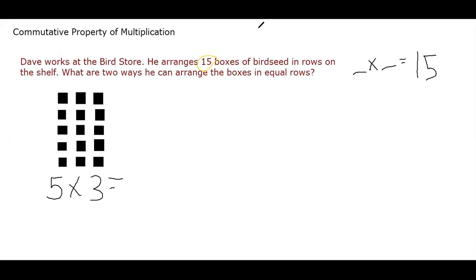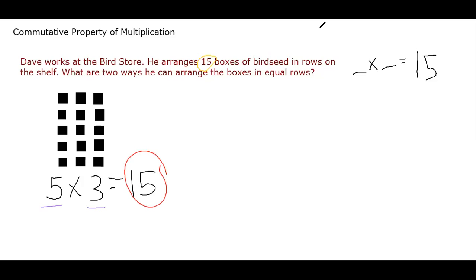So altogether, I have 15 tiles. So in this equation, my factors are the numbers 5 and 3. They're the two numbers I'm multiplying together. And my product is 15. That's one way I can arrange 15 boxes in an array.